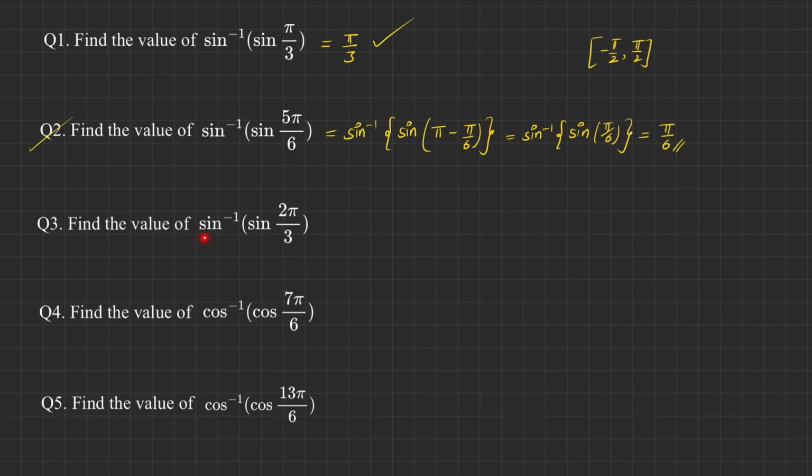Question number 3, sine inverse of sine 2 pi by 3. And again 2 pi by 3 does not belong to its principal range, so we need to change this value of angle also.